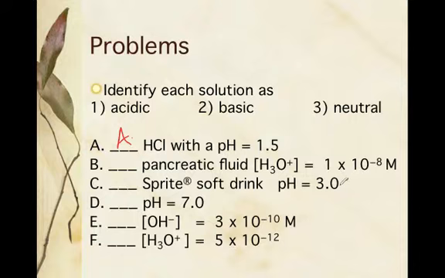Or 1 times 10 to the negative 7th. So that would make it basic, yes. This is acidic. pH is probably a little easier to figure out if it's acidic. Neutral. If you like looking at pHs better, you could convert this into a pH and do that. And the pH of this one would have been 8.